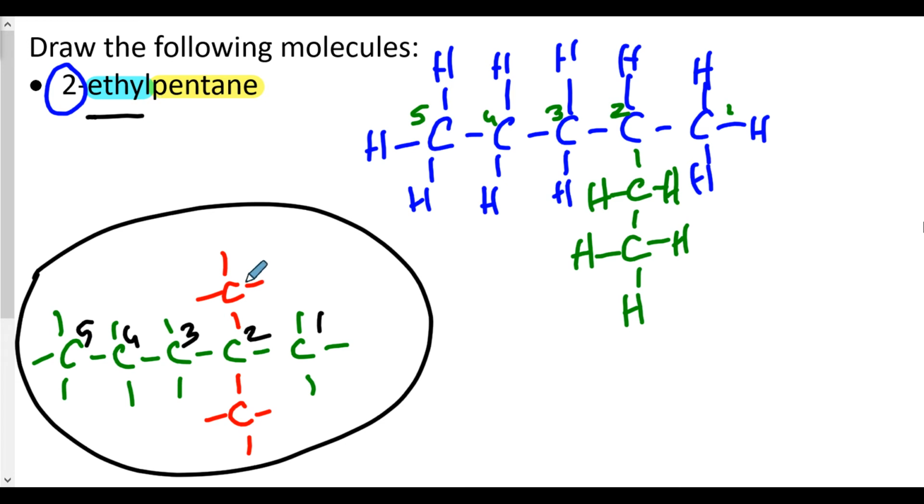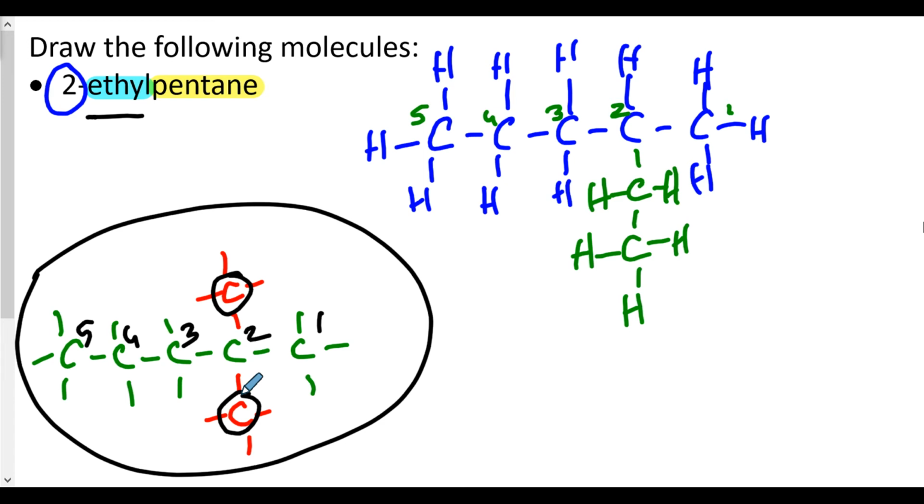So what this student did is add a carbon at the top and then add another carbon at the bottom, since eth means 2 carbons. This is not correct. If you are adding an ethyl group, you need to have both carbons in the same exact straight line.